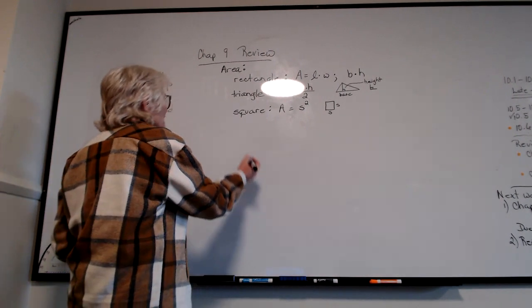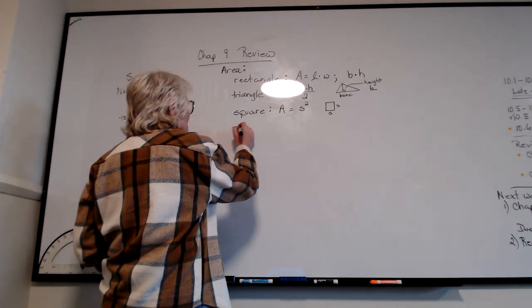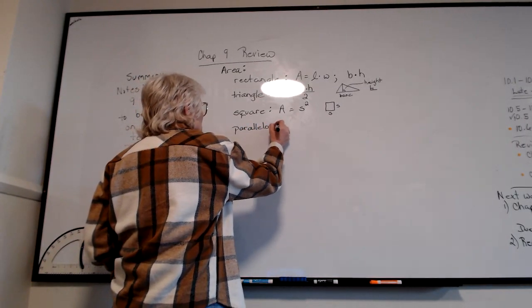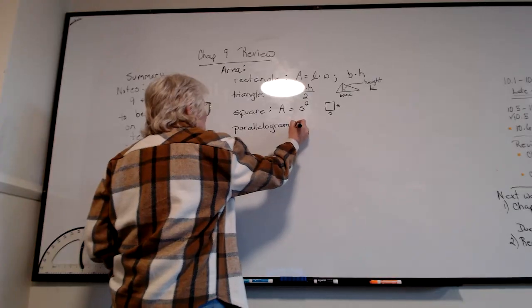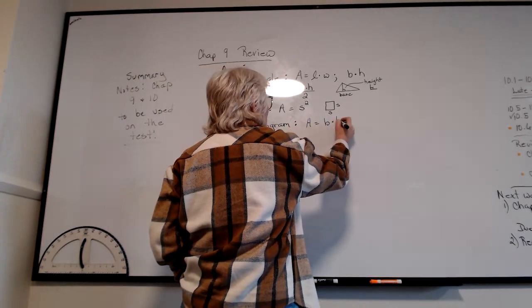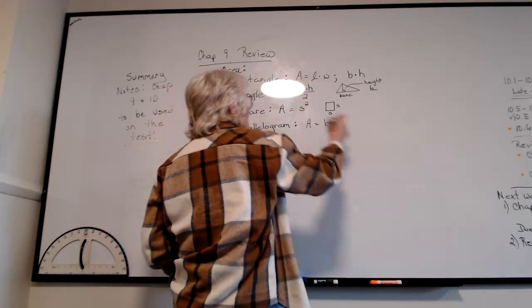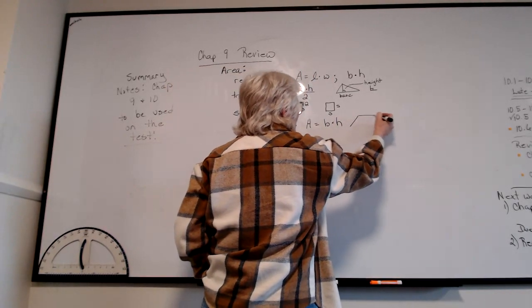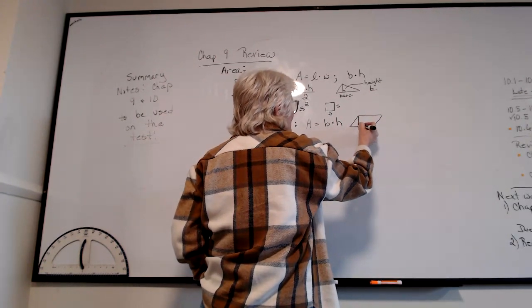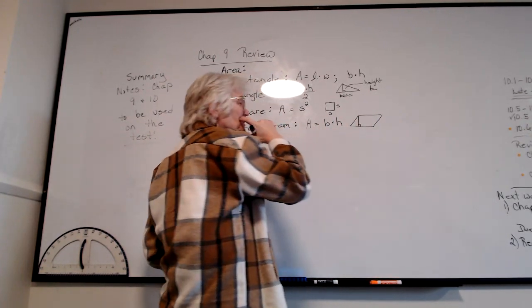Then we have a parallelogram. The area is the base times the height. Very similar to a rectangle. The only thing when you're looking at a parallelogram is you must make sure your height is that 90-degree angle.